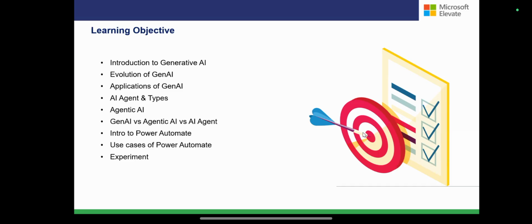There are many tools, as we know. Meta is also one of the tools that generate images. So these are some tools, and these tools are called vision models.